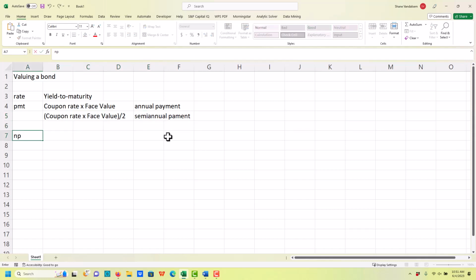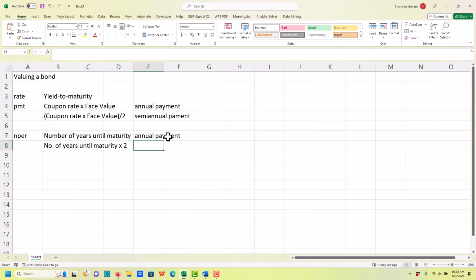The number of periods in NPER, for an annual payment, is the number of years until maturity. And that, again, that's for an annual payment, and it is the number of years until maturity multiplied by 2, because we have 2 payments per year for a semi-annual payment.